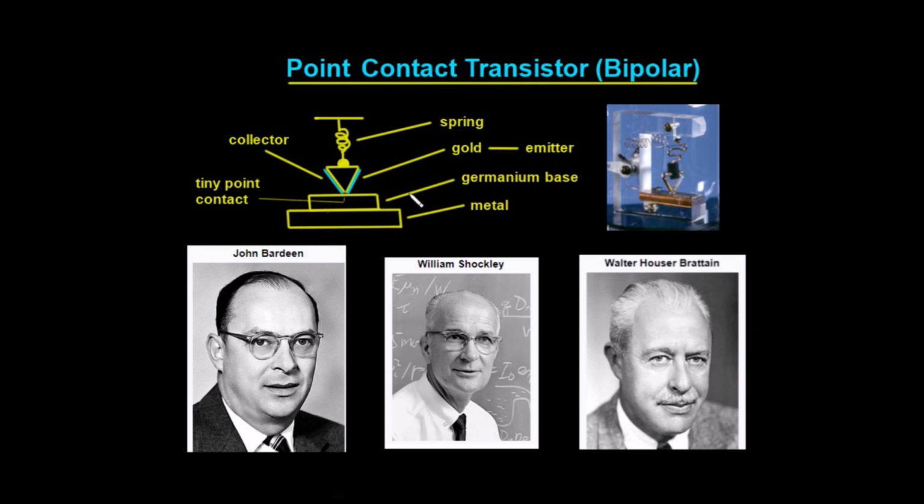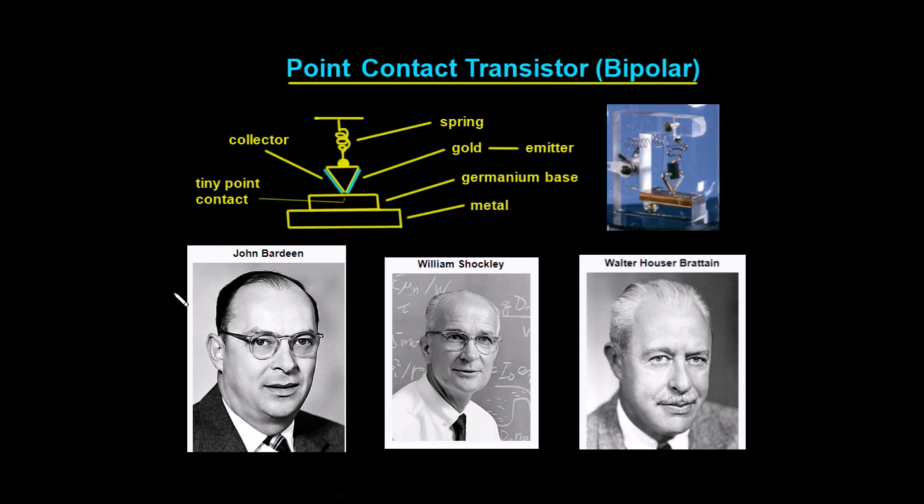We had a germanium base and we had a metal contact at the bottom, and this had a tiny contact here, so the gold didn't go all the way around, there was a tiny contact at this point here. Now this device here allowed us to produce amplification, and it's down to these three guys here, John Bardeen, William Shockley and Walter Brattain, and they received the Nobel Prize in Physics for this invention.